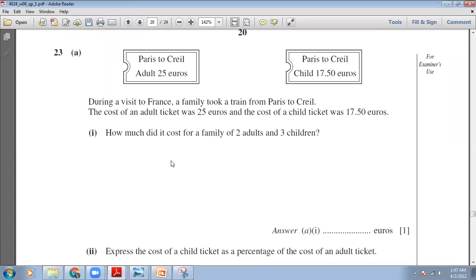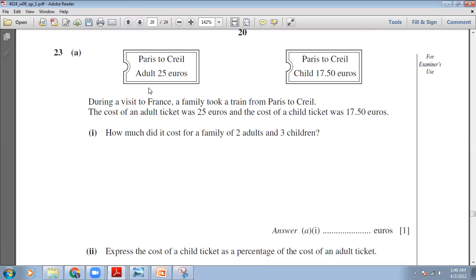During a visit to France, a family took a train from Paris to Thrill. The cost of an adult ticket was 25 euros and the cost of a child ticket was 17.50 euros. How much did it cost for a family of 2 adults and 3 children?